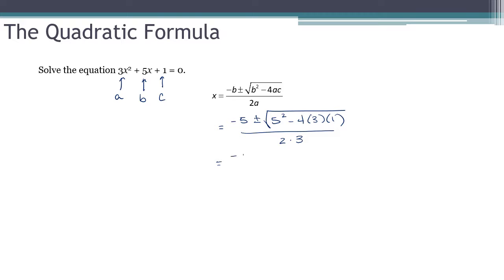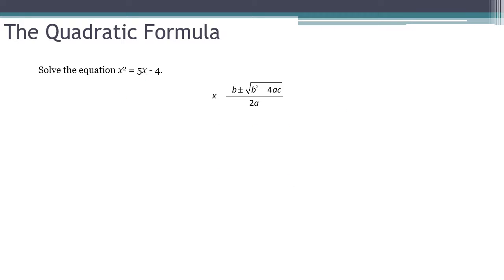So the negative 5 stays where it is, plus or minus the square root of 25 minus 12, over 6. 25 minus 12 is 13, over 6, and that's it. We're done. There's my answer. You kind of see some of the power of this formula. It can get us answers really quickly sometimes, even more quickly than the factoring method did.